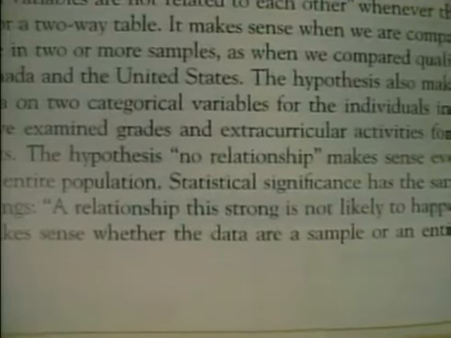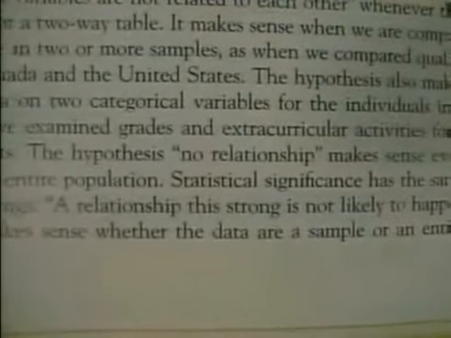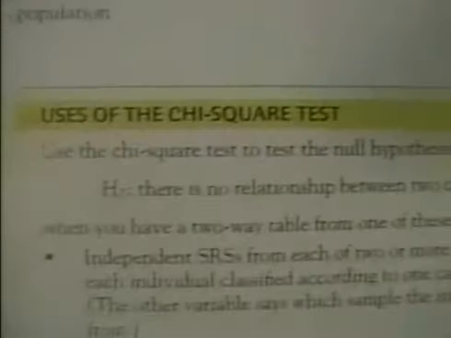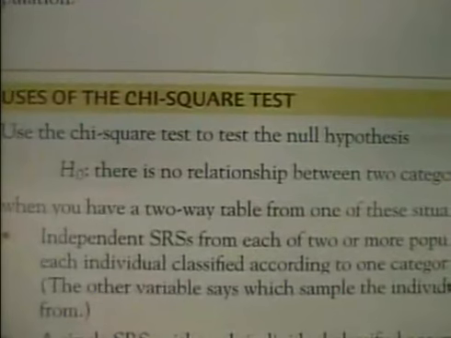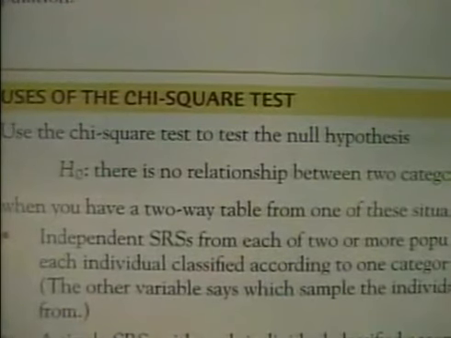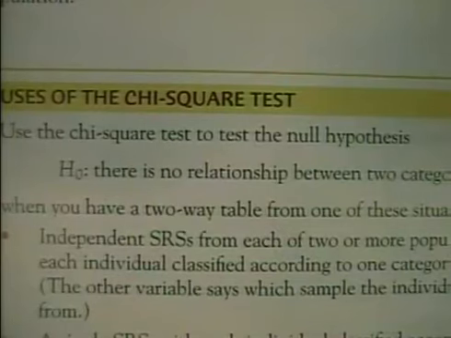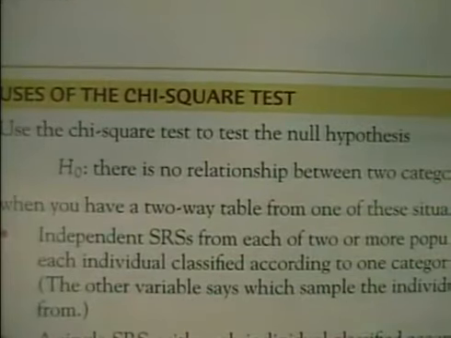And the box right at the bottom of that page, uses of the chi-squared, he states it in terms of no relationship between the two variables. I usually state it as the characteristics are independent of each other. That's saying the same thing.